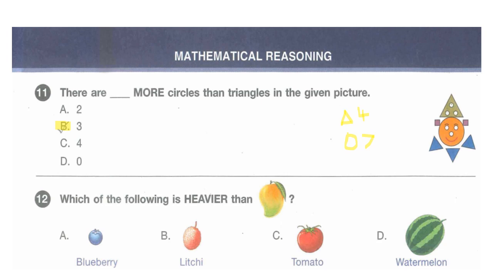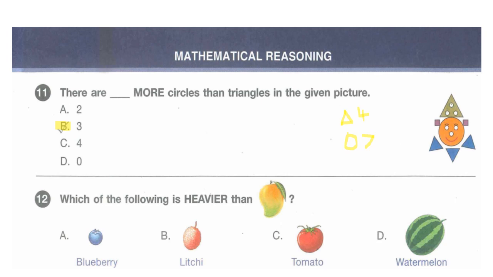As a cap there is one triangle, below 3 blue triangles, so 3 plus 1 is 4. And how many circles? If you see the top triangle, there are 3 circles within it, and inside the circle 3 circles, and there is a big circle itself. So 3 plus 3 plus 1 is 7 circles.